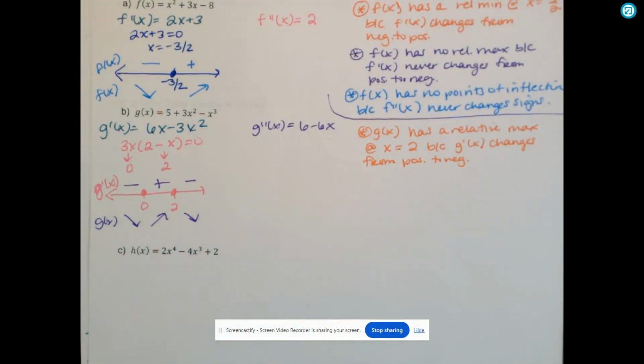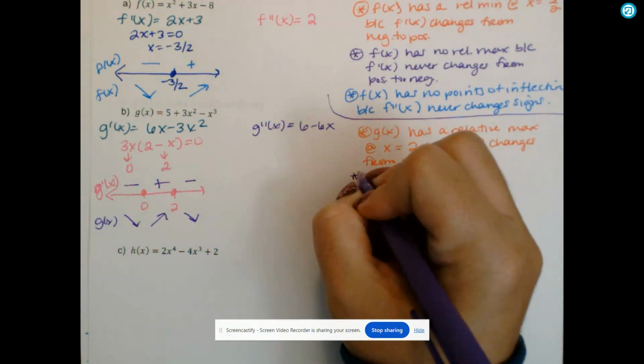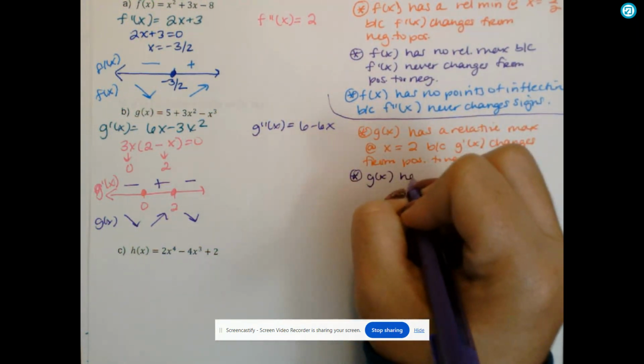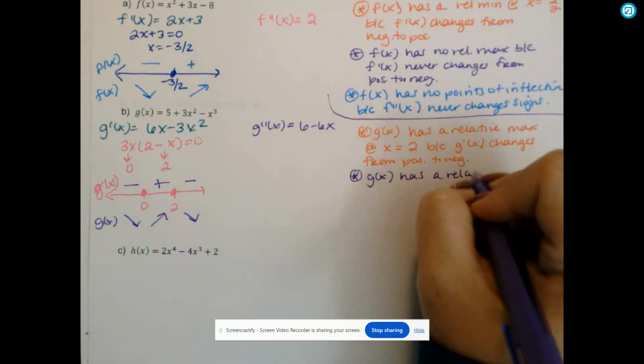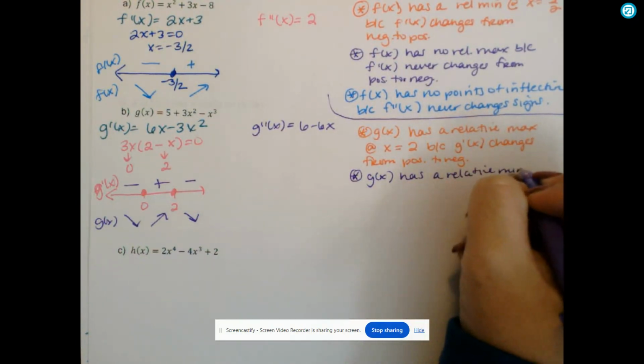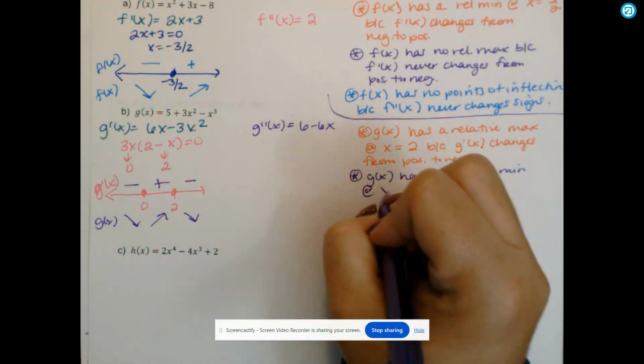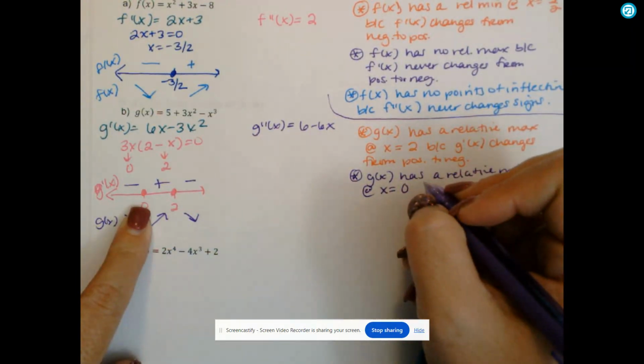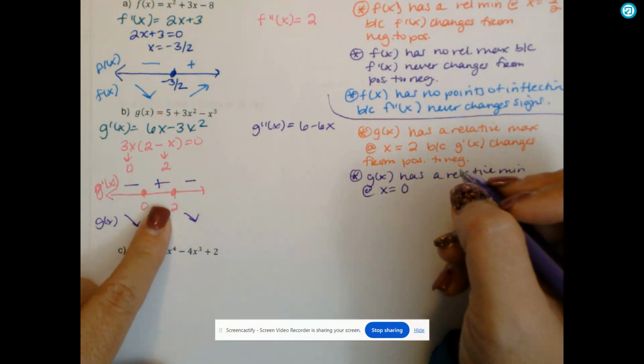All right, and then g of x has a relative min at x equals 0 because it changes from negative to positive.